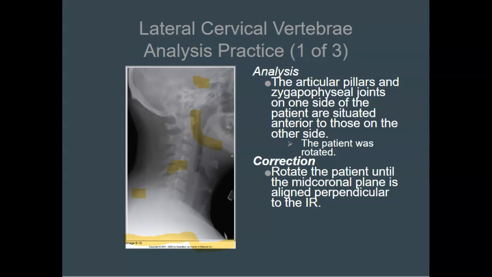And looking at these articular pillars and the zygapophyseal joints, one to me looks anterior to the other. And so that indicates that there is some rotation in this image. In order to correct the patient positioning, we need to rotate the patient until their mid-coronal plane is perpendicular with the IR.